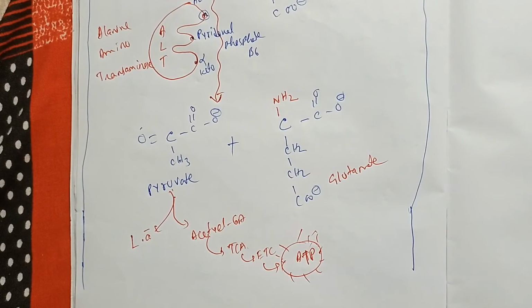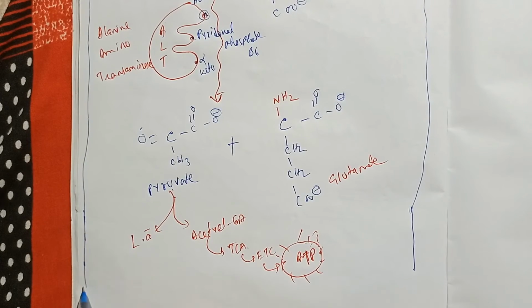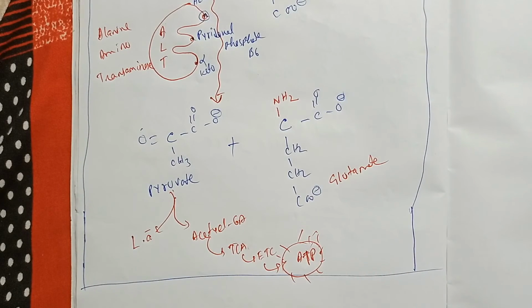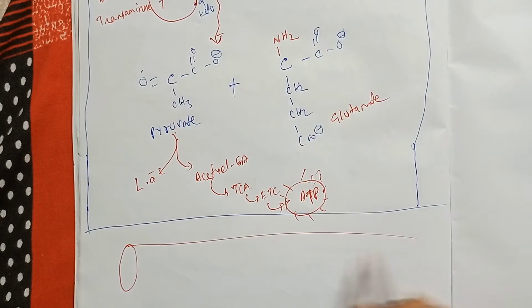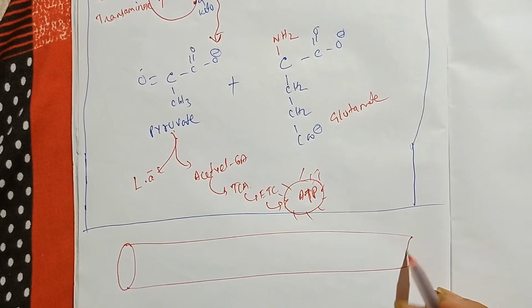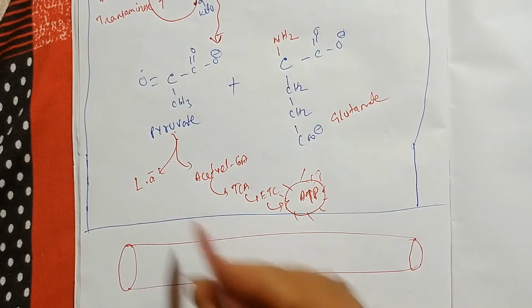Okay guys, another thing for the pyruvate: it can also be converted into lactic acid. Then what will happen? Just assume there are blood vessels, and this lactic acid will be taken within the blood vessels.